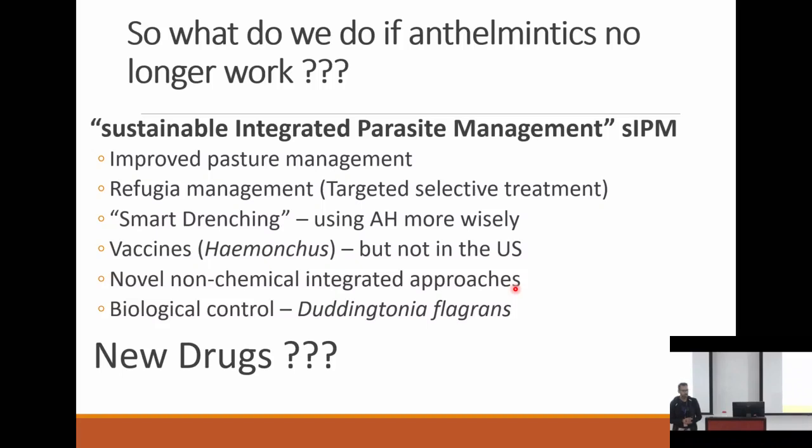Exactly the same as what you use in sheep, because most of the anthelmintic drug labels say they are for sheep use only, but we normally use exactly the same in goats. Benzimidazole, yes, you can use in sheep and goats.